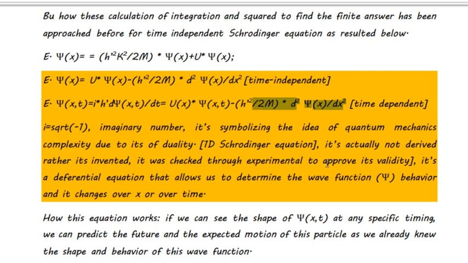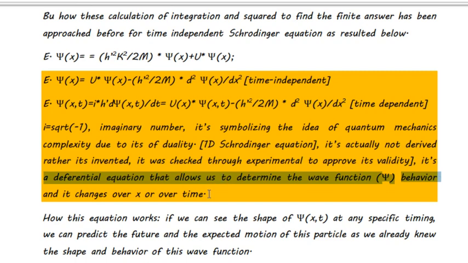There is no way to derive it numerically or mathematically. It's the same way as with classical mechanics, Newton's law, who invented the second law of motion experimentally.